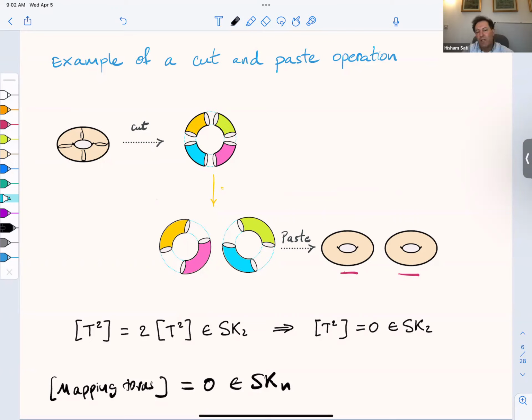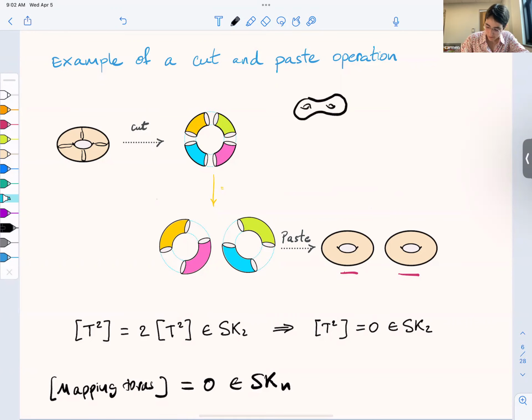I'm just wondering whether it's known, done. You don't have to work it out. I'm just trying to think about one cut and paste operation. I know that the two torus is actually related to the sphere, I think.